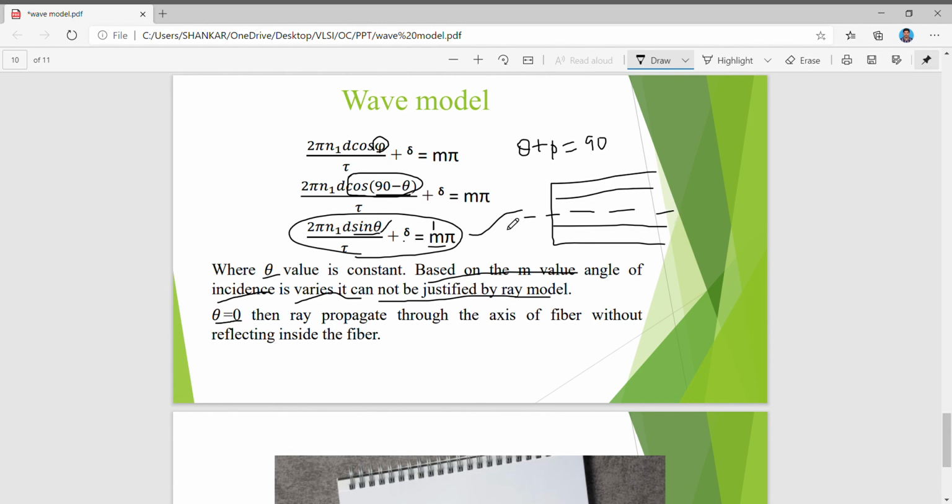If the angle of incidence theta is equal to 0, then the incident signal follows the axis of the fiber and there are no reflections inside the fiber. Okay, this is the wave model representation in the dielectric waveguide.